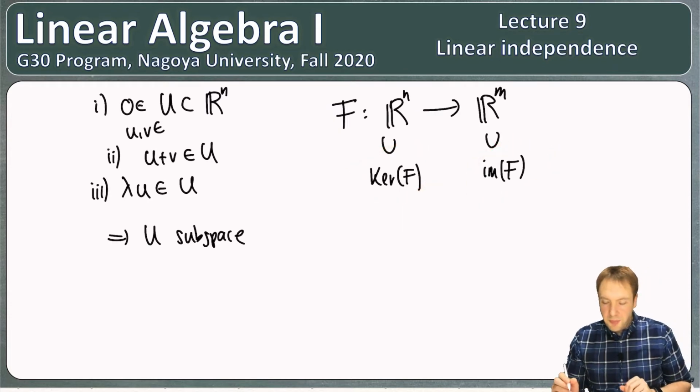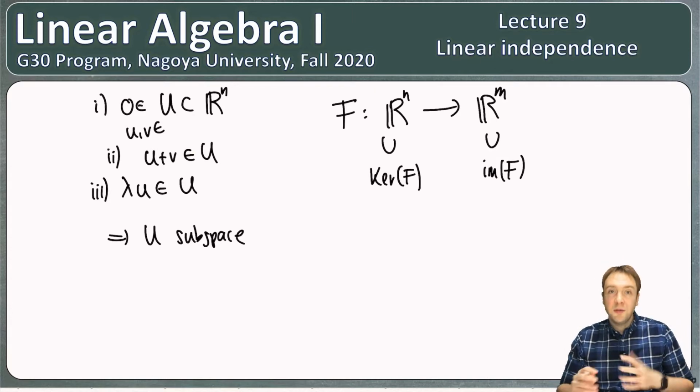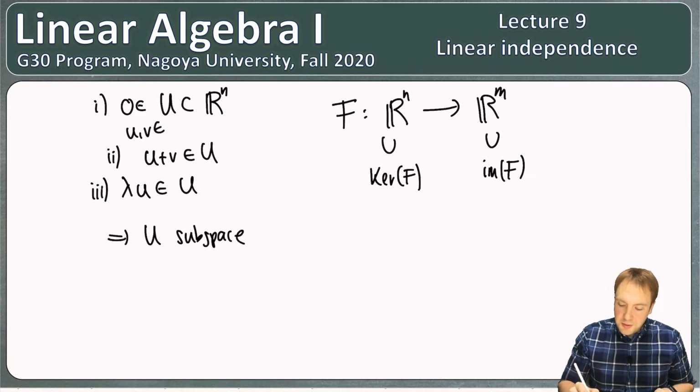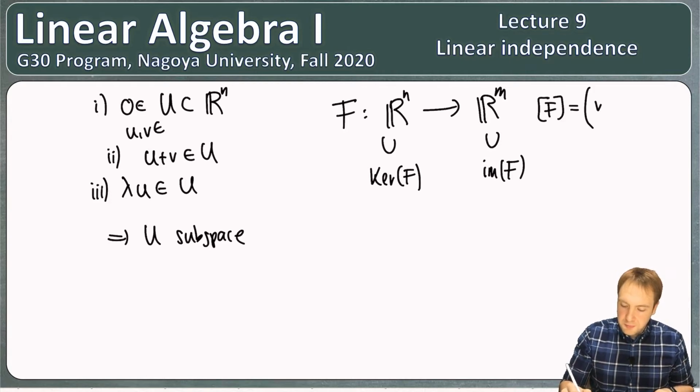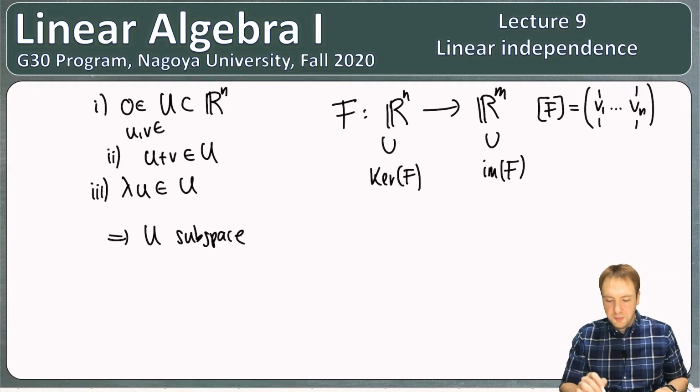Then we also introduced the notion of the span of vectors. The span of some vectors is the set of all linear combinations of these vectors. For example, we saw that for the image of a linear map F, the matrix of F is given by a matrix which has some columns v1 up to vn. It's a map from Rn to Rm, so this matrix has n columns.